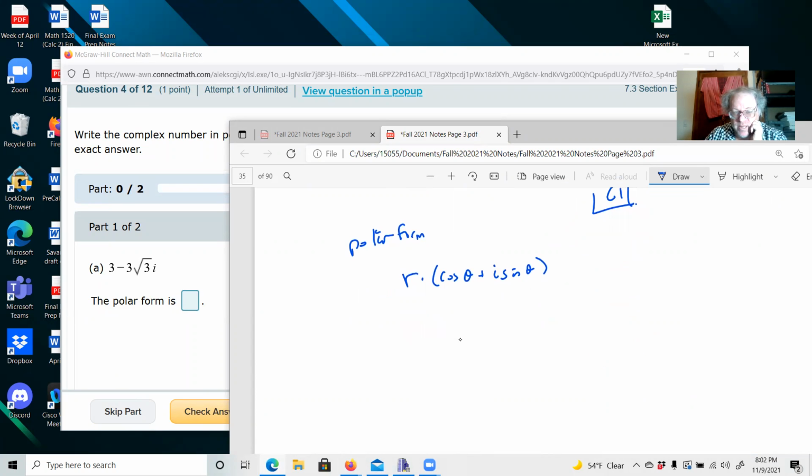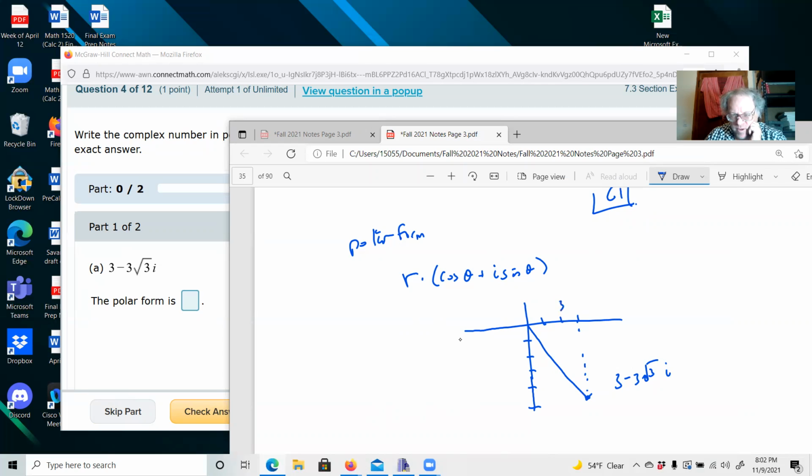Let's draw it. So we've got 1, 2, 3, and then 1, 2, 3, 4. We'll call it somewhere around here. But there is our 3 minus 3 root 3 i.